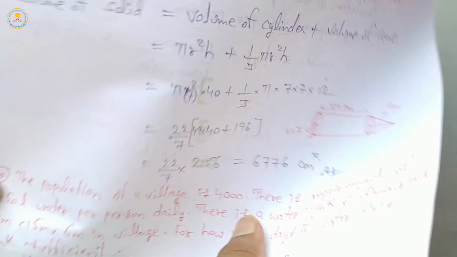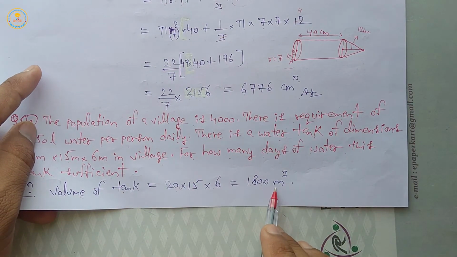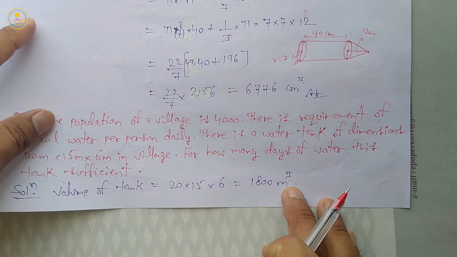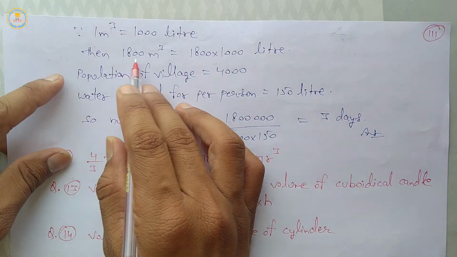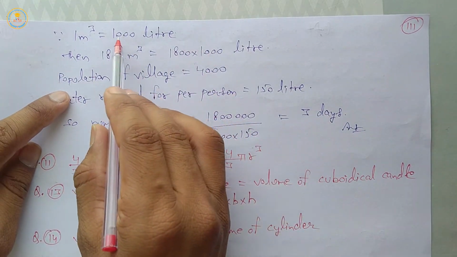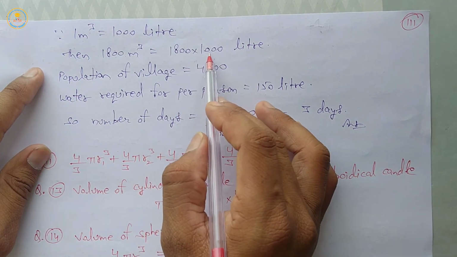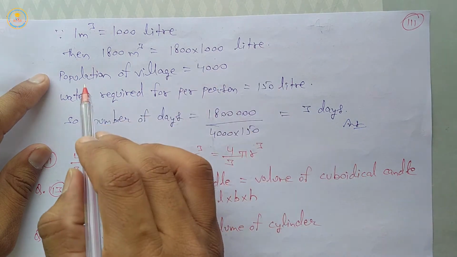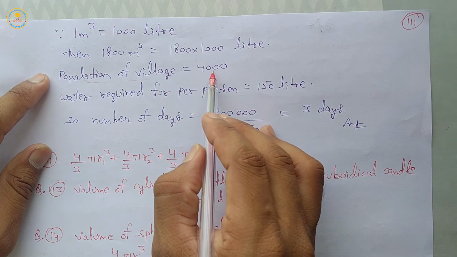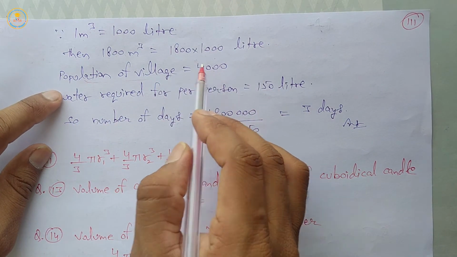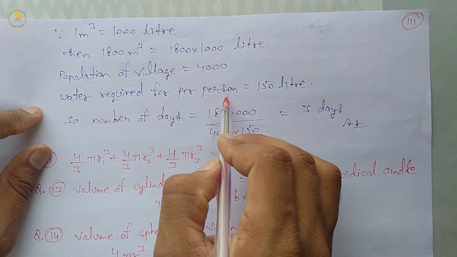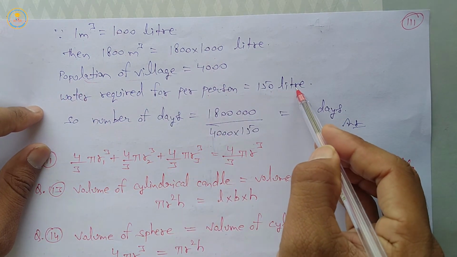So 1800 meter cube converted into liter, multiply by 1000. So 1800 multiply 1000 liter. Population of a village is given, 4000, and water required per person is 150 liter.